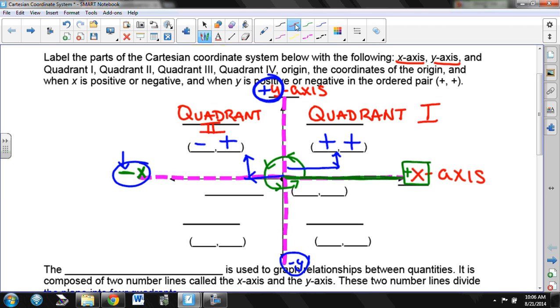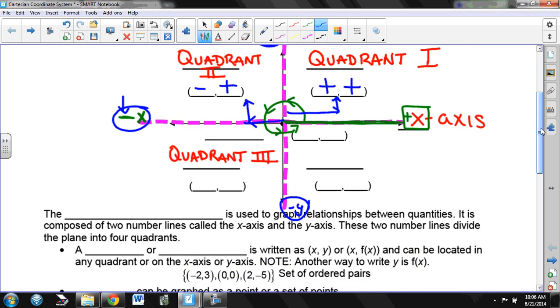If we continue rotating counterclockwise, we're going to run into quadrant 3, Roman numeral 3. All of the points in quadrant 3 are going to be found by moving left, which is negative x, and then down, which is negative y.